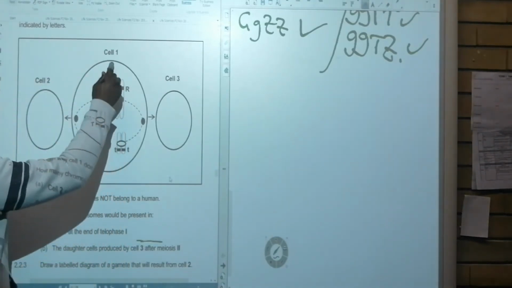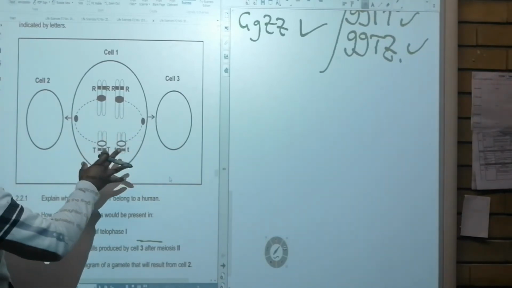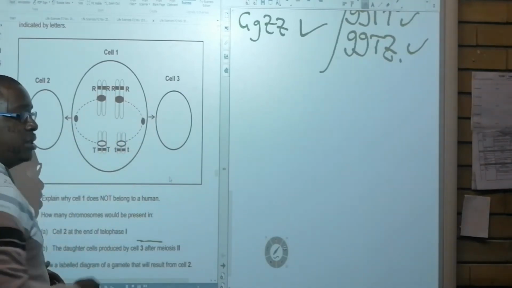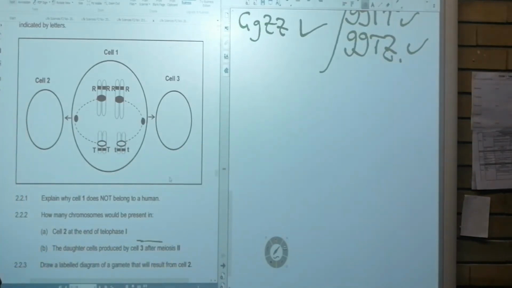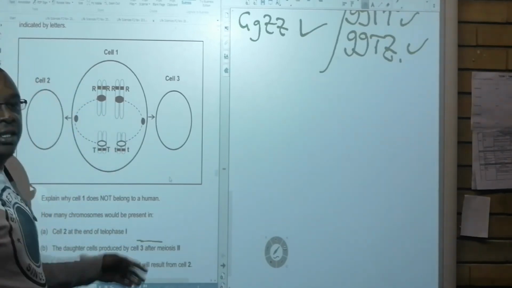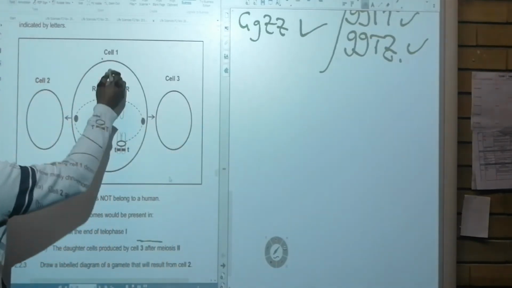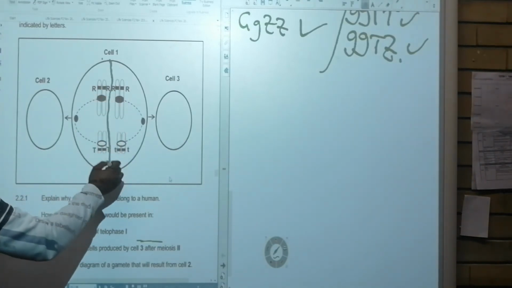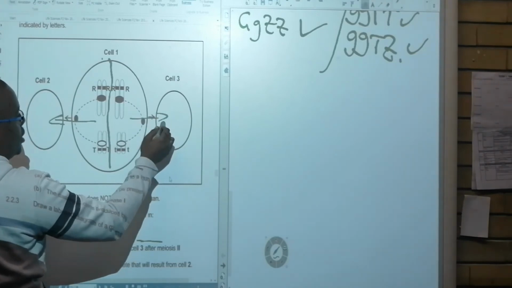So these chromosomes, this is metaphase 1. What is the next thing? Anaphase 1. And what do you end up with at the end of that? We have telophase, and they split. This cell splits into cell 2 and cell 3. So these go there, these go there.